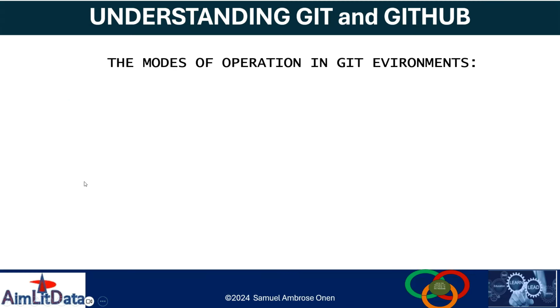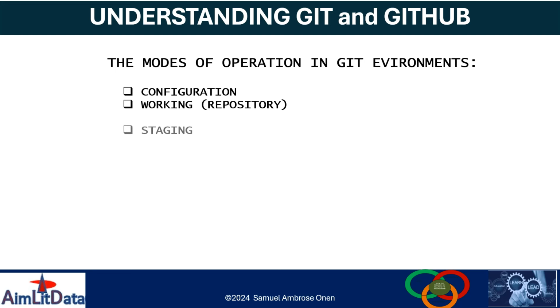So let us go to the modes of operation that we have done. We covered the configuration so far, and we created a repository for our working environment. And in the next coming session, we are going to go through the staging and revise what we have done, plus committing, which I refer to as scalability.